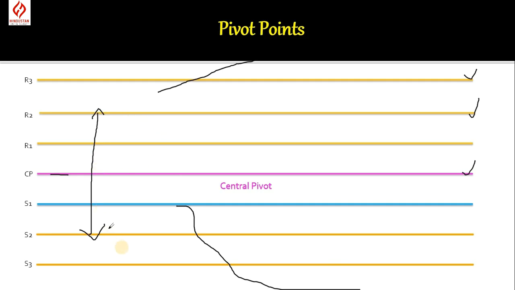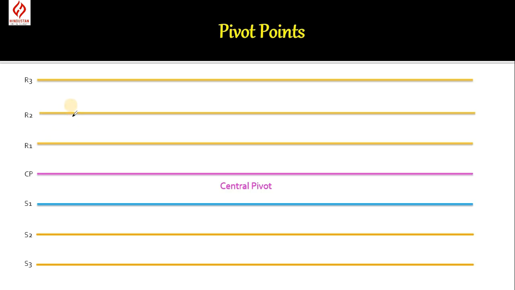But most of the time the price moves in this range only, S2 to R2, right? And as I already mentioned, these are all important support and resistance levels for your trade, right? So this will work as boundaries for your trade.